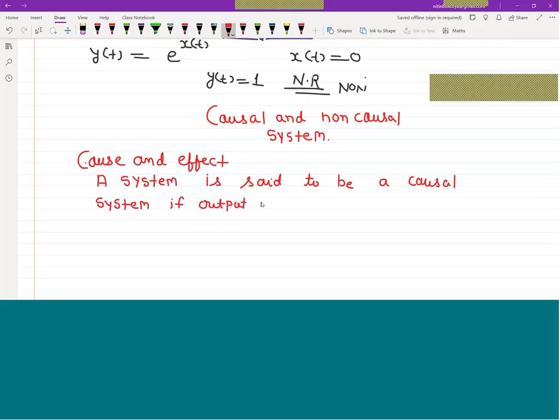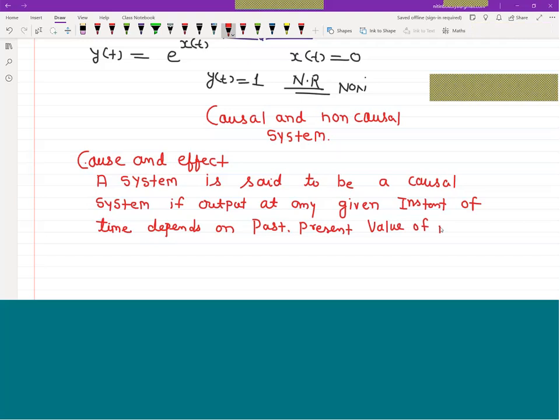output at any given instant of time depends on past value or present value of input.